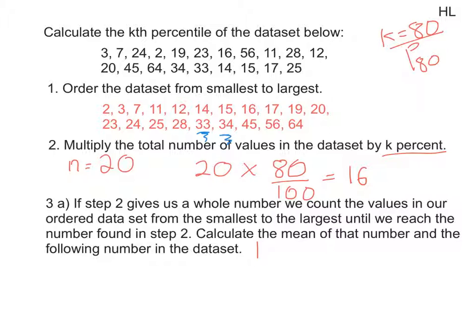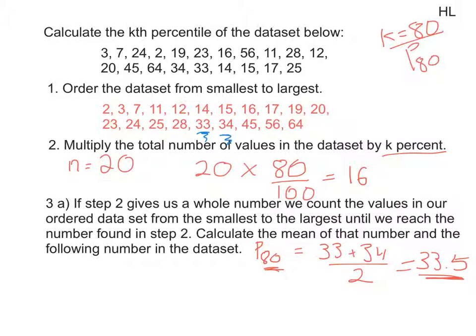Therefore, our 80th percentile, P80, is equal to 33 plus 34 divided by 2, which gives us 33.5. What this means is that 80% of the values in our dataset lie below 33.5 when we have them in order from smallest to largest.